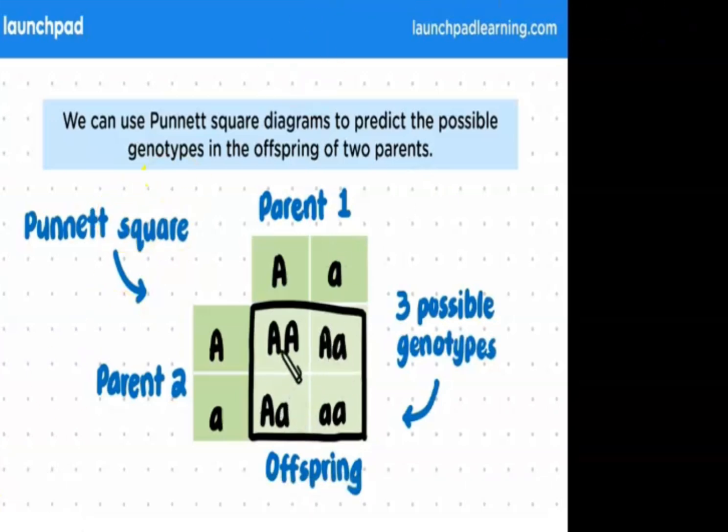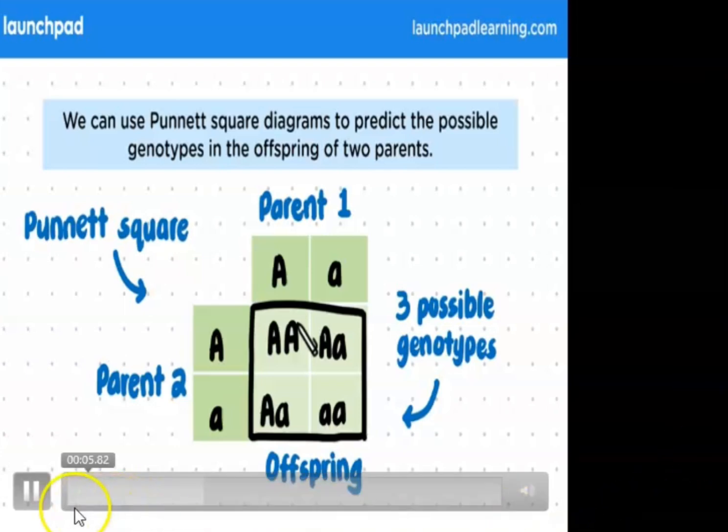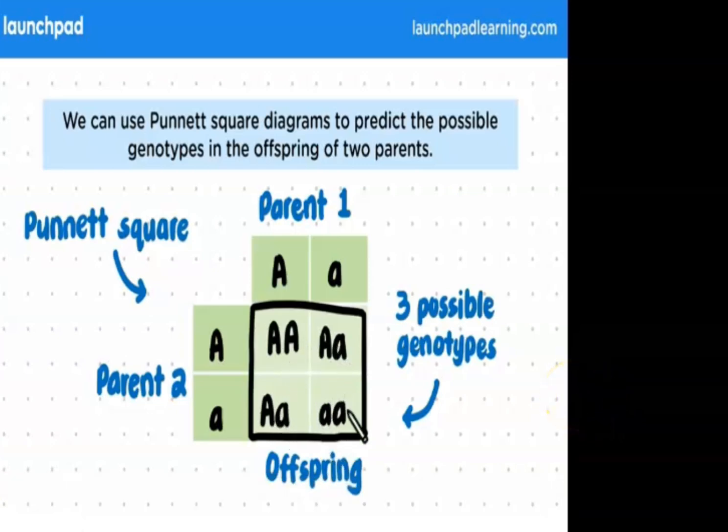This doesn't mean that the couple's first baby will be homozygous dominant, their second two will be heterozygous, and their fourth will be homozygous recessive.